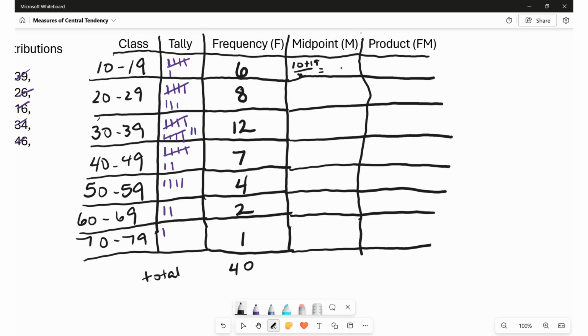And that's going to give us a midpoint of 14.5. Okay? Do it with the next one. 20 plus 29 divided by 2. And that's going to give us 24 and a half. And keep doing that with each class until we have all of the midpoints written down. Okay.